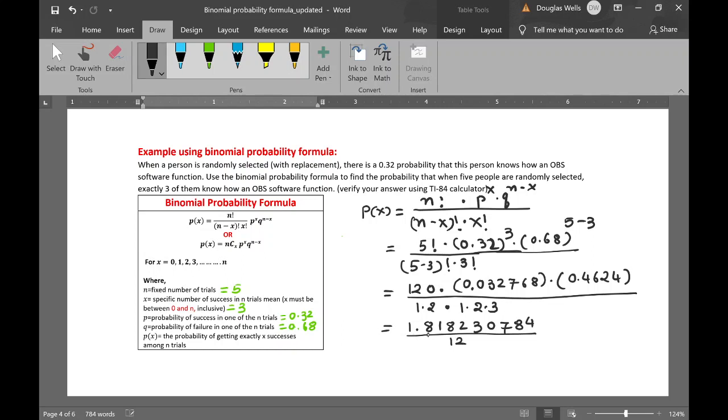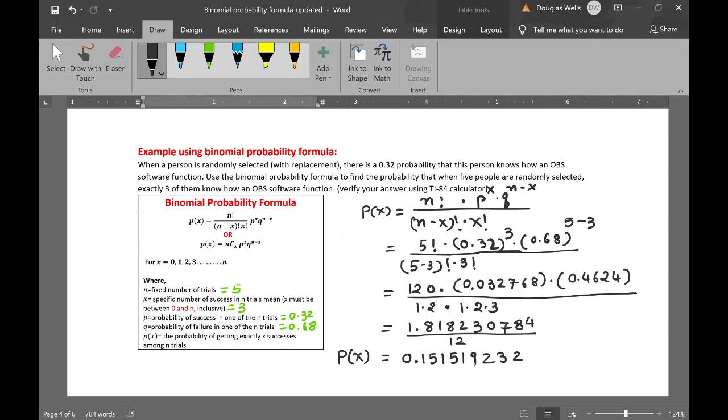When you divide 1.81823784 by 12, your answer will be 0.1515192232. So that's the probability of exactly 3 successes among 5 trials.